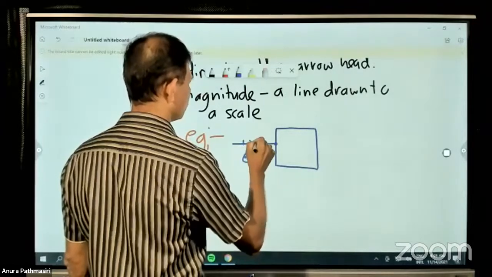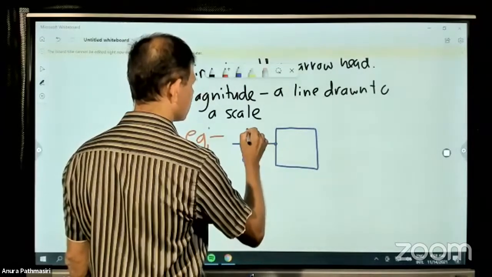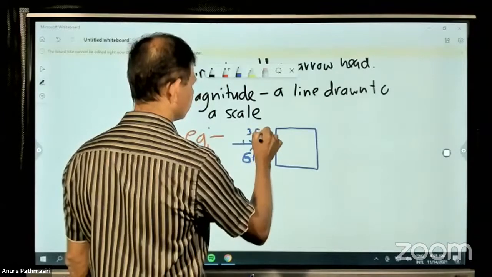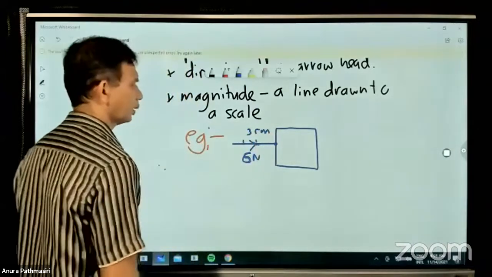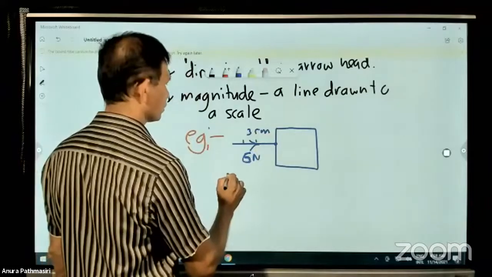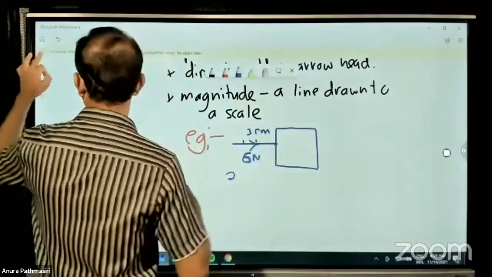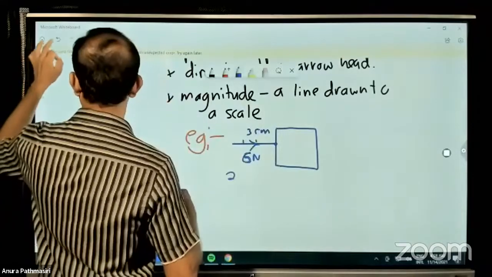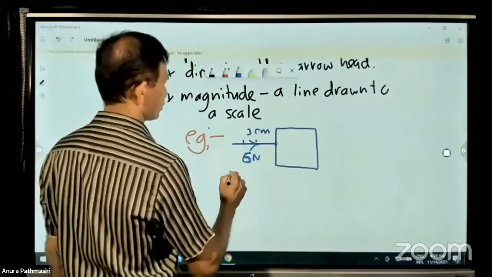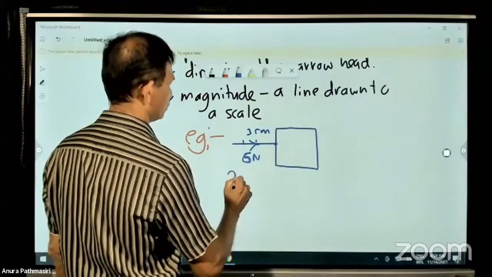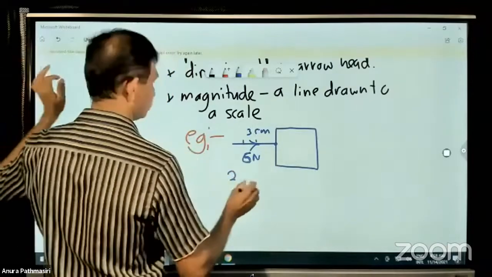So then you draw a 3 centimeter line as 1 centimeter equals 2 Newton.